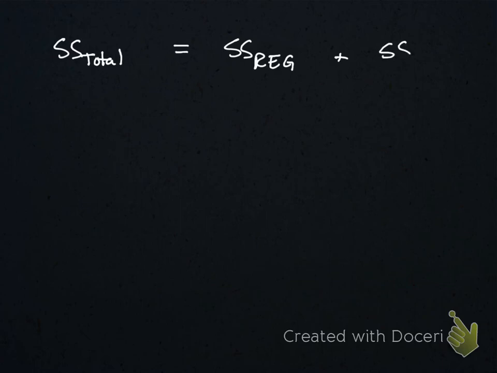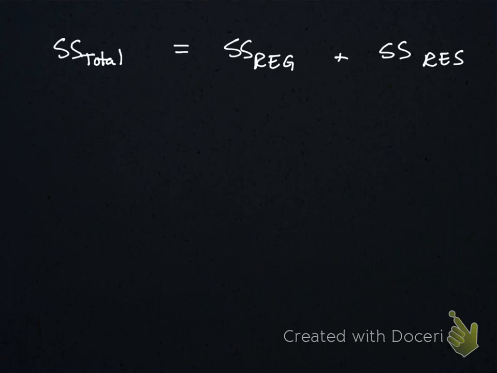So I'll just rewrite this equation here. We have our sum of squares total equal to the sum of squares for our regression model, which I'll just call sum of squares reg, plus the sum of squares residual for the error in our prediction. So our total sum of squares, I'll mention that this is all with respect to the dependent variable y, or response variable.